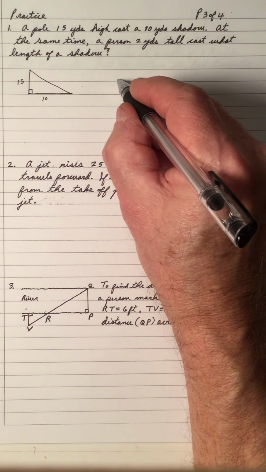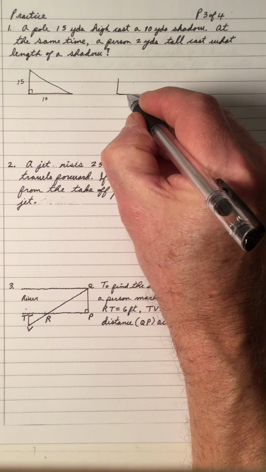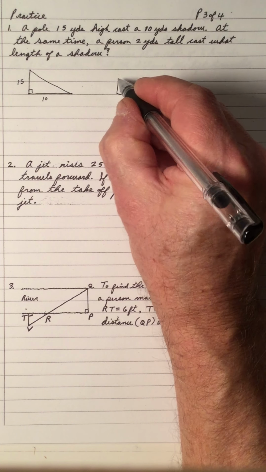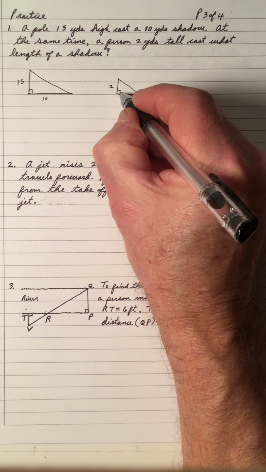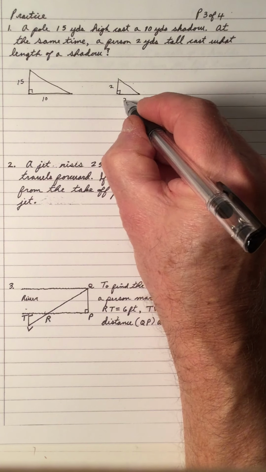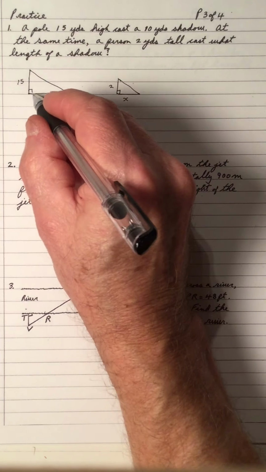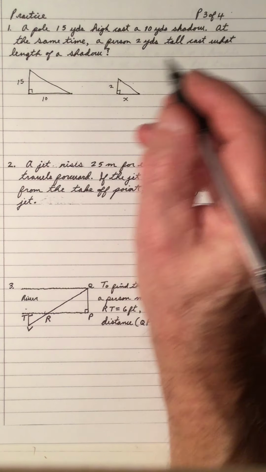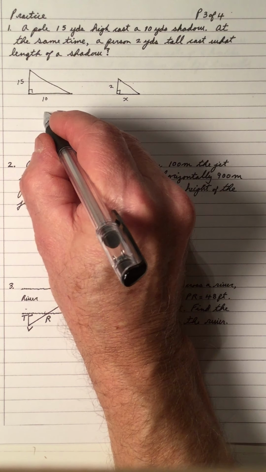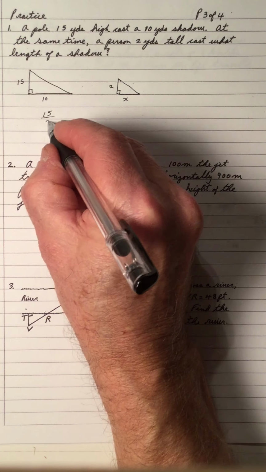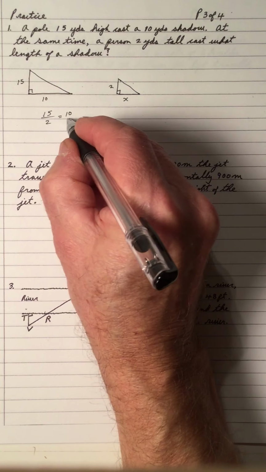And a person, let's draw a smaller diagram. This is the person, who is 2 yards tall, casting what length of shadow? Remember, the shadow is along the ground. So what we have is 15 goes with 2, as 10 goes with x.